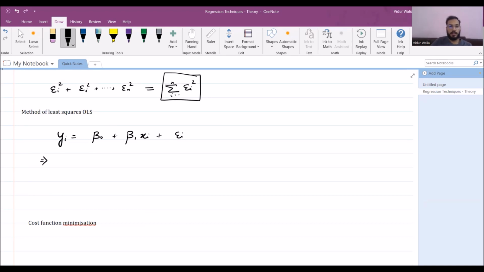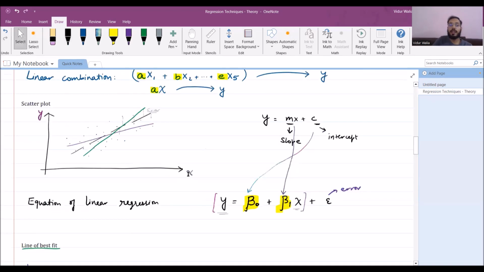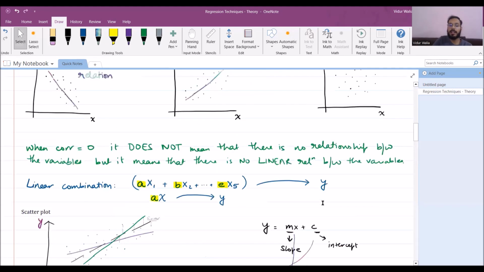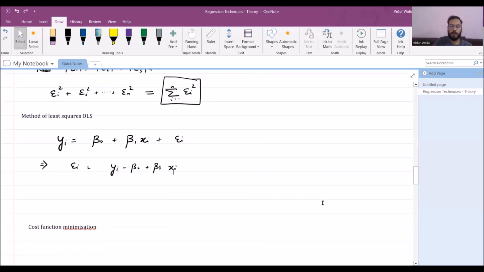This implies epsilon i's value becomes yi minus beta naught plus beta 1 xi. Now remember that these are yi's and xi's, the values that we already have in our data set over here, right?